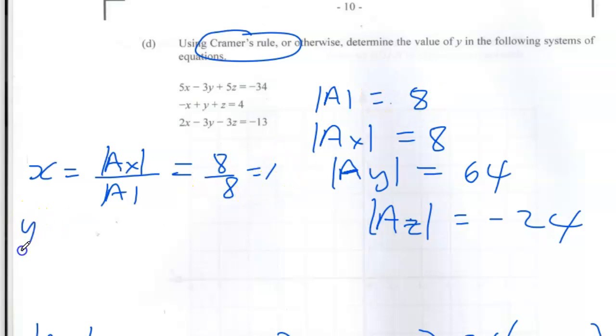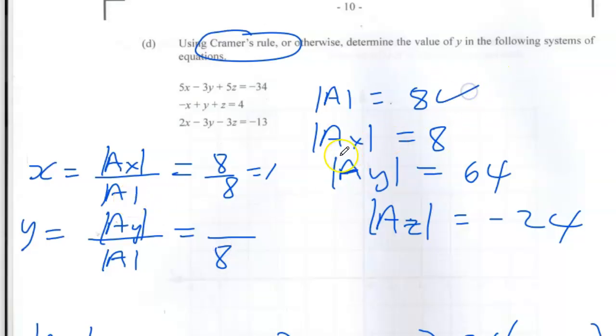Let's do the y value. Very easy. All of them have the same denominator. So for y, the denominator is the determinant of A. The numerator is the determinant of A subscript y, and ay is 64. 64 divided by 8, that's 8.